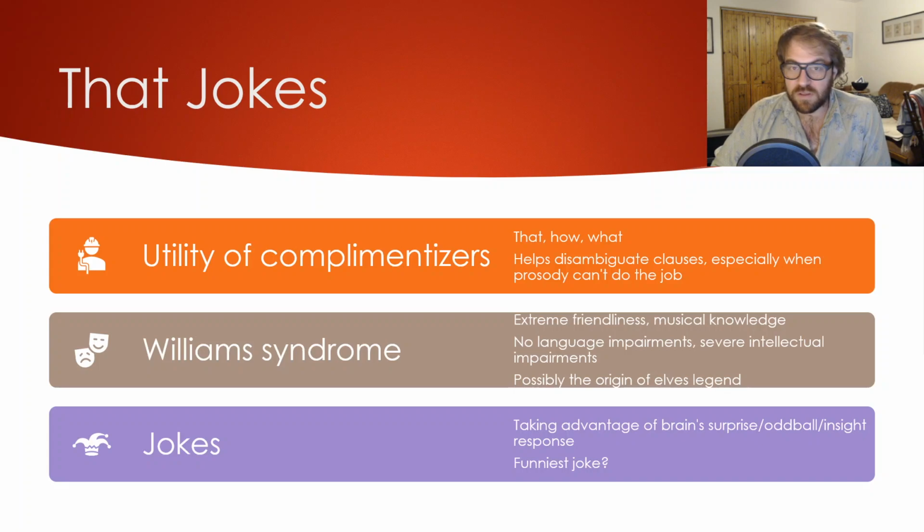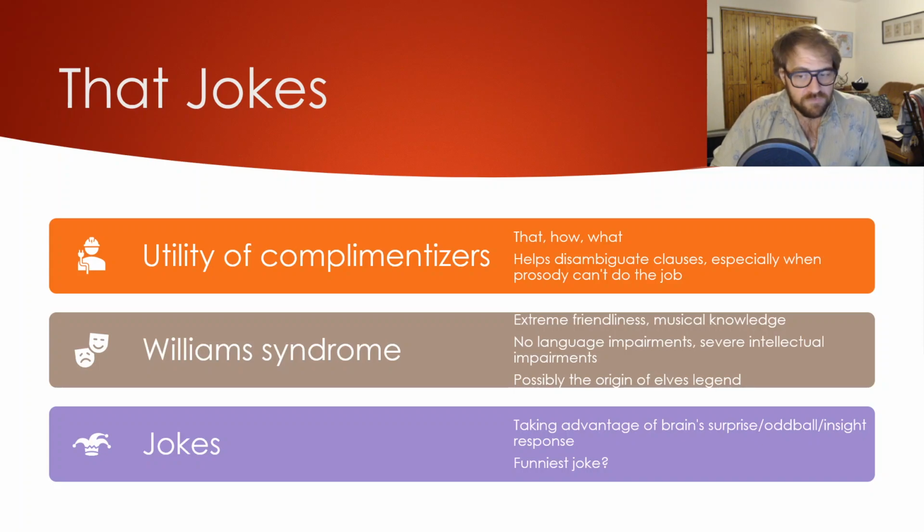They know a lot of words. Their word knowledge is high. Their ability to talk to people is possibly better than people that don't have Williams syndrome. They're extremely friendly. They're also very musically inclined. And again, no language impairments at all.